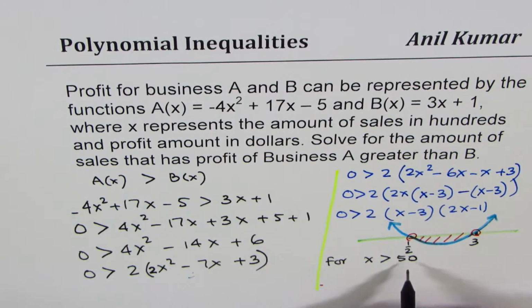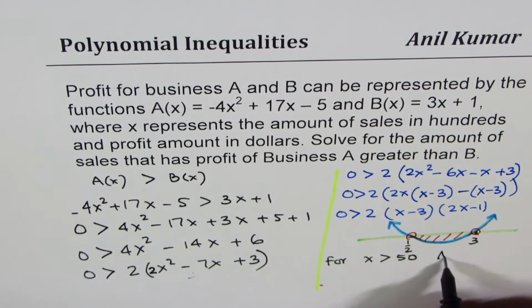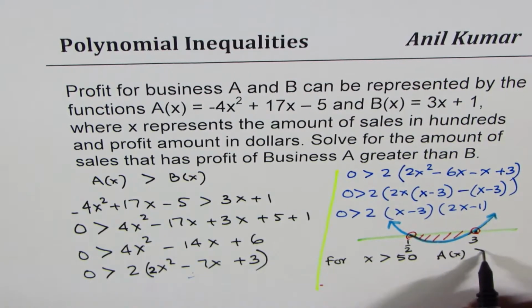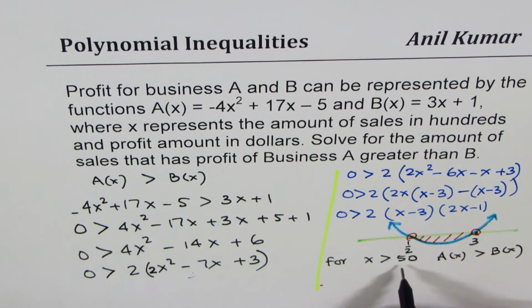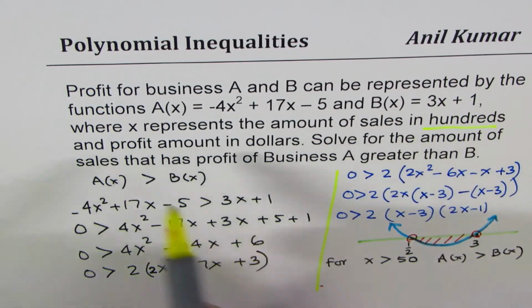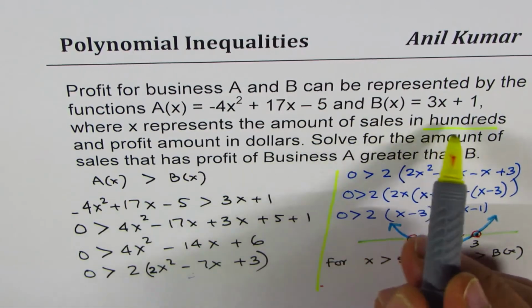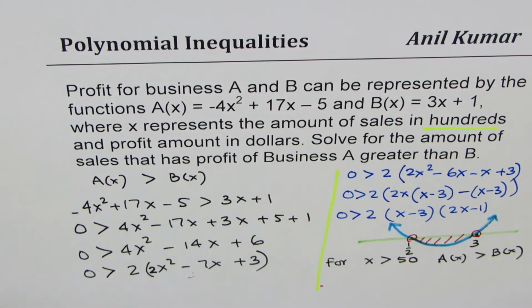For x greater than 50, a(x) will be greater than b(x), right? So we converted that to the numbers because x is sales in hundreds. That is the way you could do it.